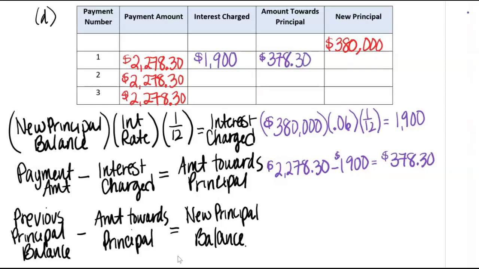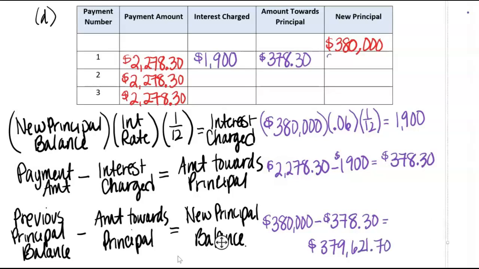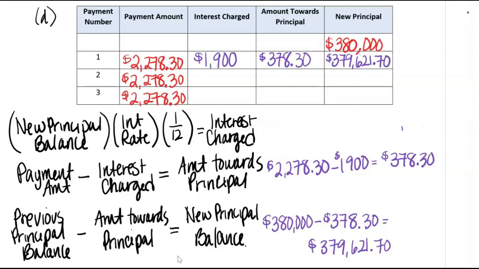For the new principal balance, we take the previous principal balance, which is $380,000, subtracted by the amount that goes towards principal, which is $378.30. That gives us a new principal balance of $379,621.70. That completes the first line of our amortization schedule.